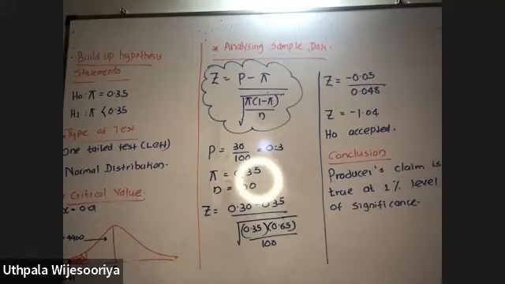So your null hypothesis is phi1 is equal to phi2. We always take phi1 equal to phi2 as our H naught. Depending on the given question, your alternative hypothesis is phi1 not equal to phi2, phi1 less than phi2, or phi1 greater than phi2. One of these three will come. That is how we build up the hypothesis statements.